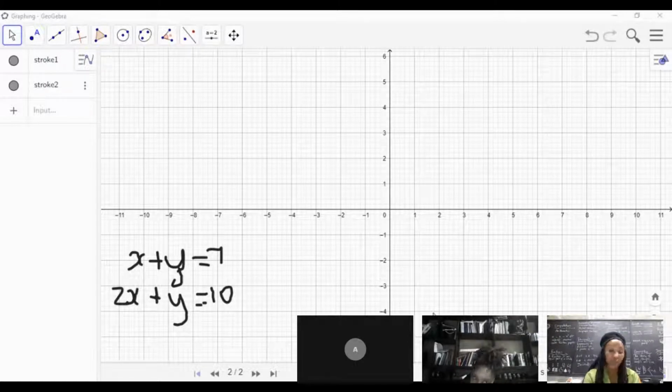And for the algebraic method, you can use substitution, you can use elimination. Solve it and tell me as soon as you're done what the values are that you got for x and for y. And then now we're going to plot the two functions on the GeoGebra coordinate plane, and we should get those answers.